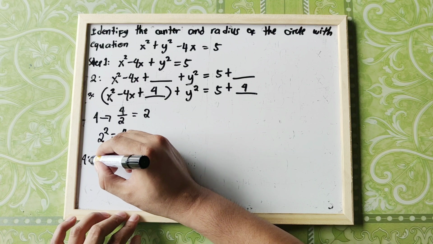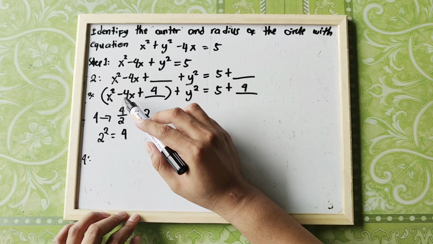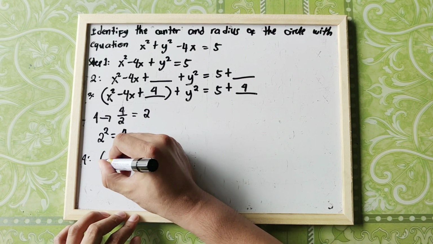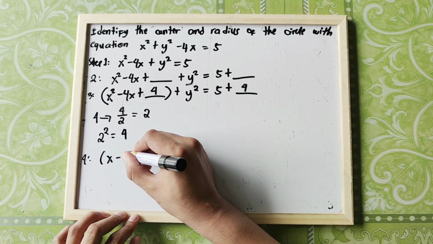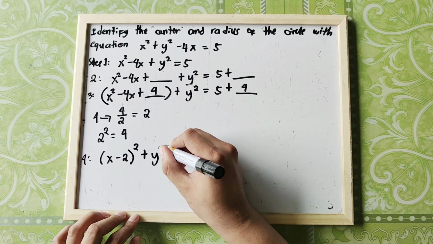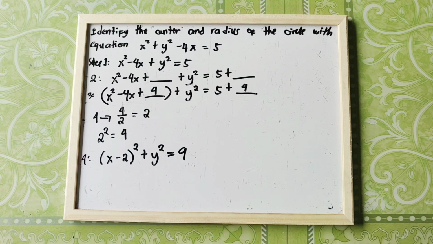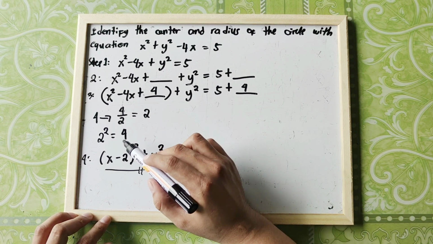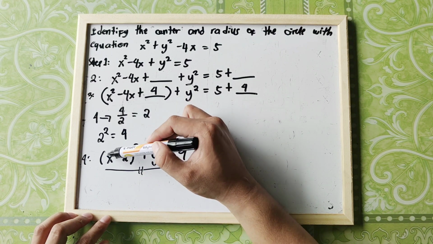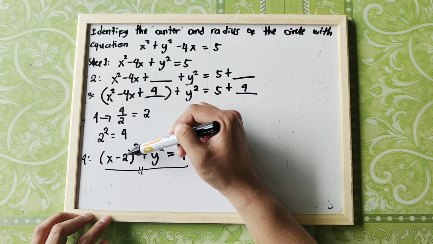So, step 4. What will happen next? What is half of 4? 2. What is the sign? So, you have to make it into a perfect square: (x minus 2) squared plus y squared is equal to 5 plus 4, which is 9. Again, why (x minus 2) squared? Because x is our variable, the sign of 4 here is negative, then half of 4 is 2.